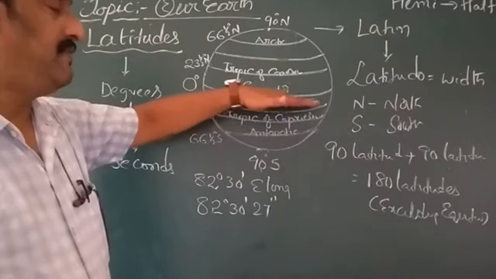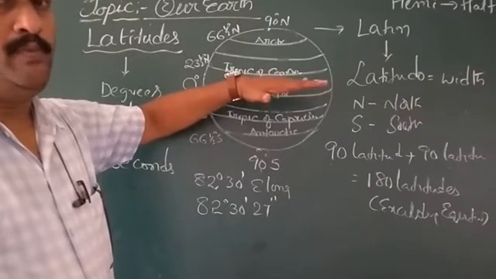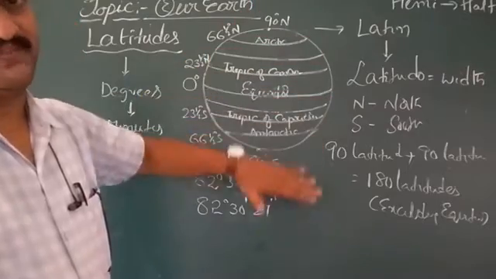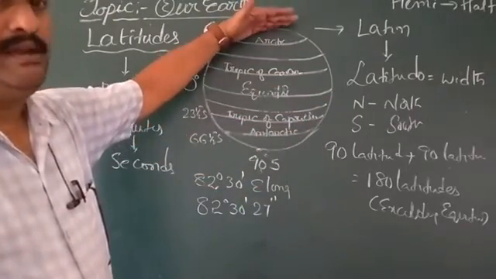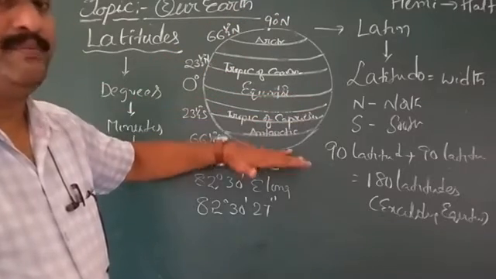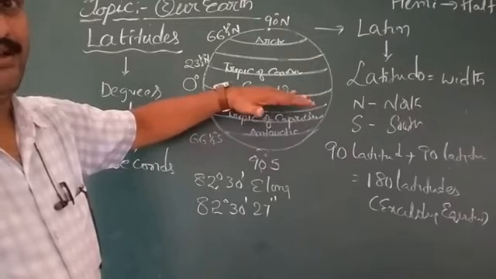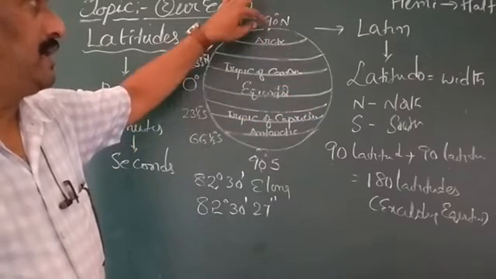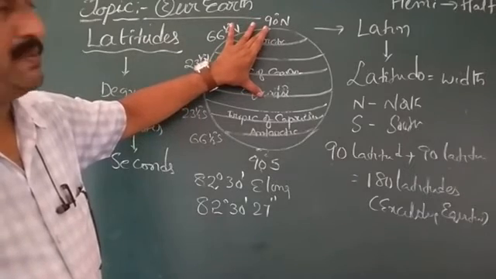That means the equator divides the globe into two equal halves, the northern hemisphere and the southern hemisphere. The region between the equator and the North Pole is the northern hemisphere.